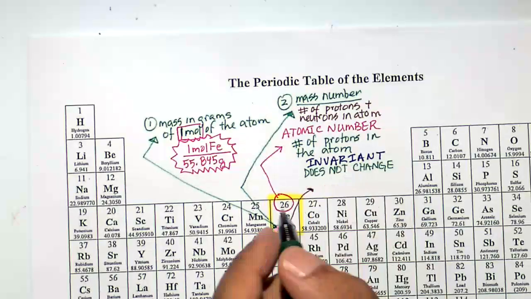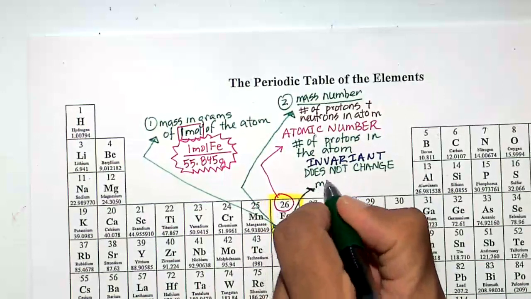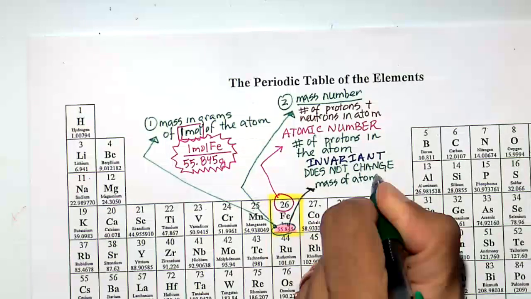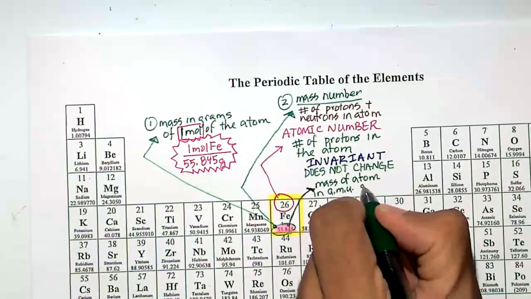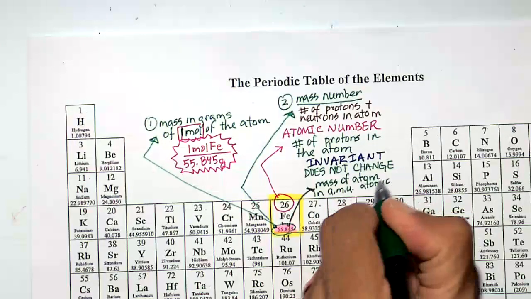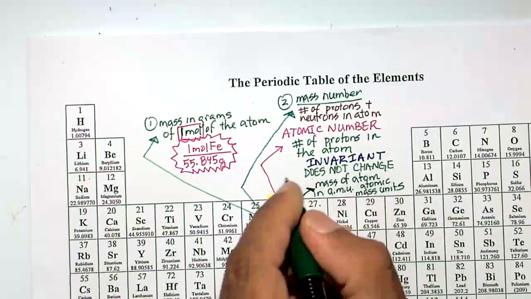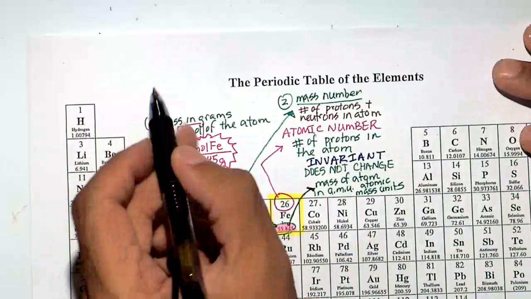And the last definition is the mass of the atom, but the mass is going to be in units of AMU, atomic mass units. So, three definitions for that bottom number.